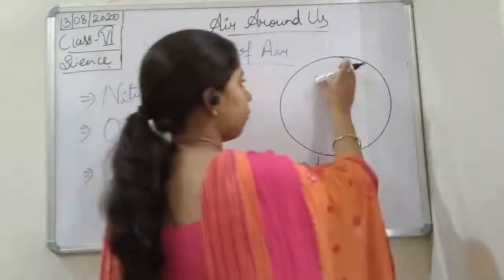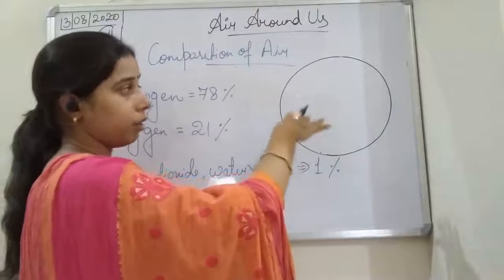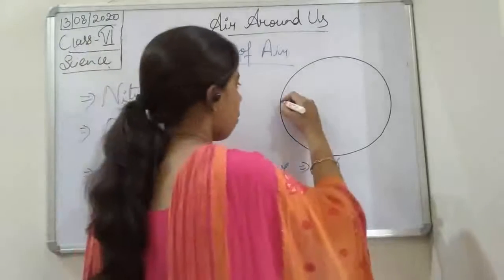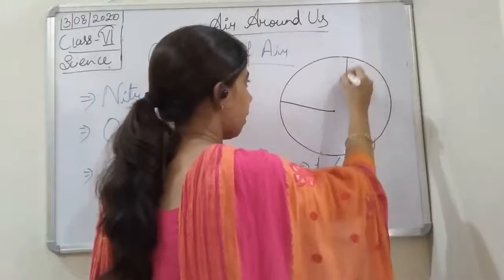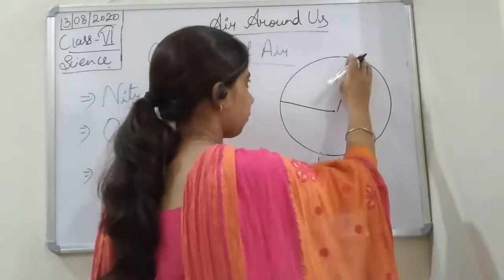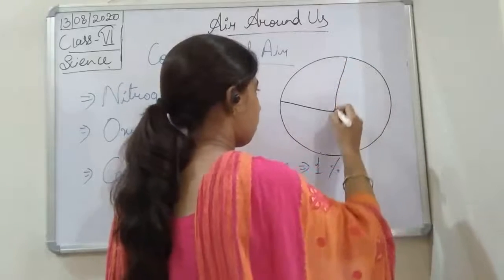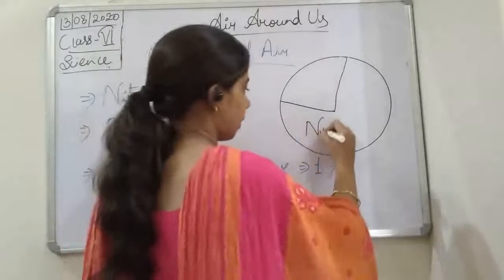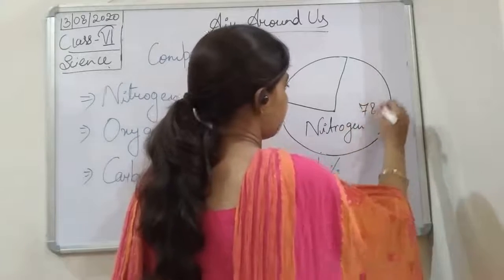If this is considered as the air in which the different constituents are present, about 78% of the air is covered by nitrogen.